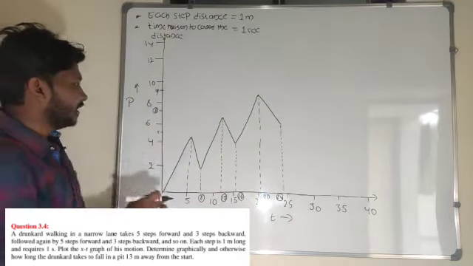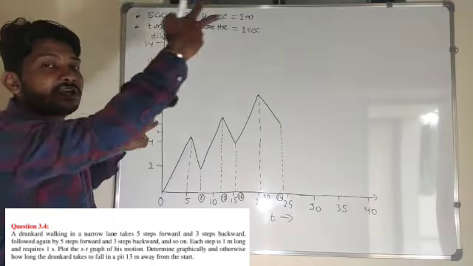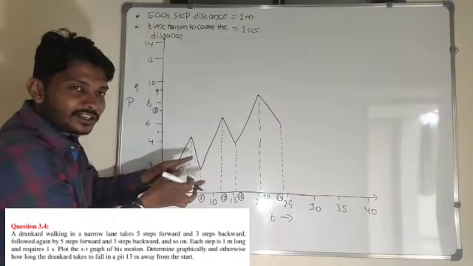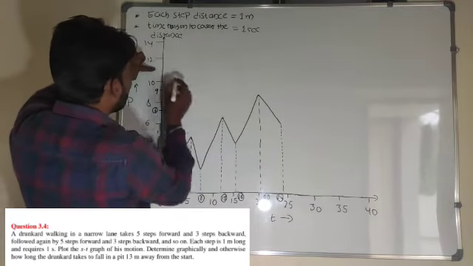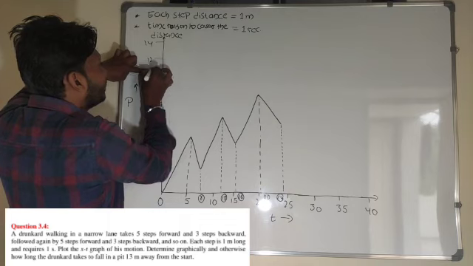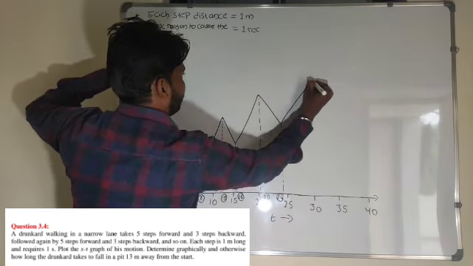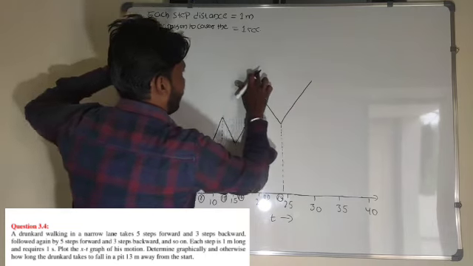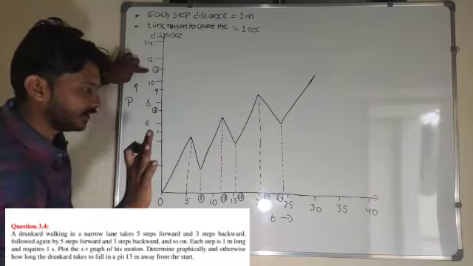Did you get my point? Again, after reaching that 6 meter distance, again 5 steps forward here. Again 5 steps forward means 6 plus 5. So 11 meter here. Okay, look at here, along y-axis 11 meter he covers.